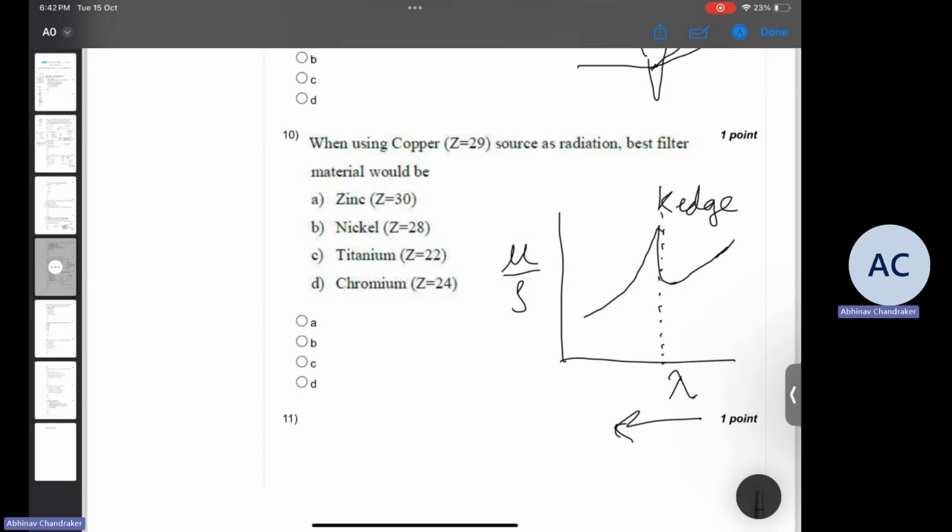And this can be useful when selecting a filter material, because normally we see multiple peaks from any source. For example, in case of copper, we'll have a K alpha peak, which corresponds to characteristic X-ray from L to K shell, which will have energy corresponding to L to K shell.